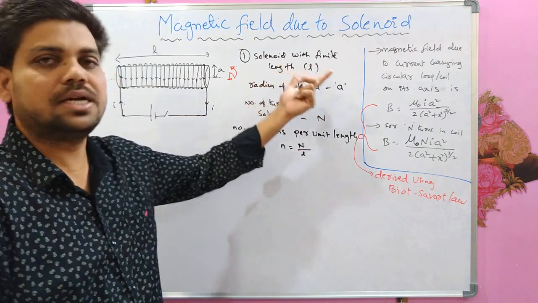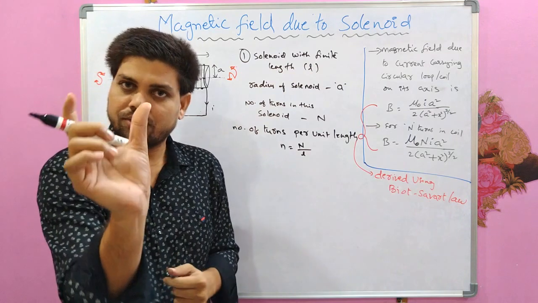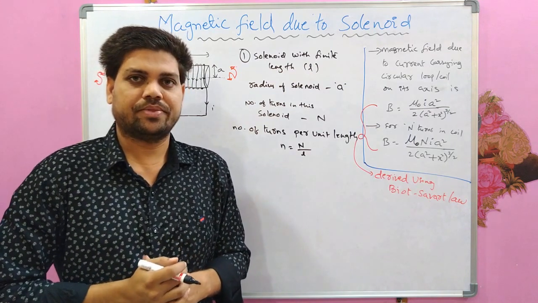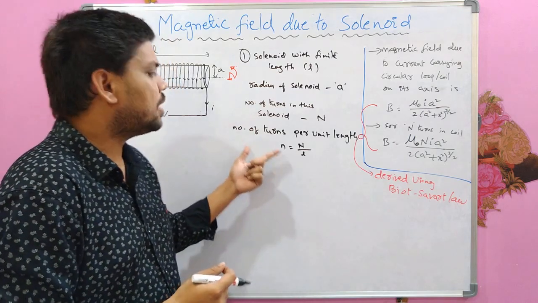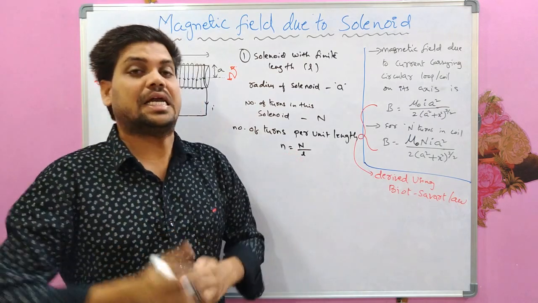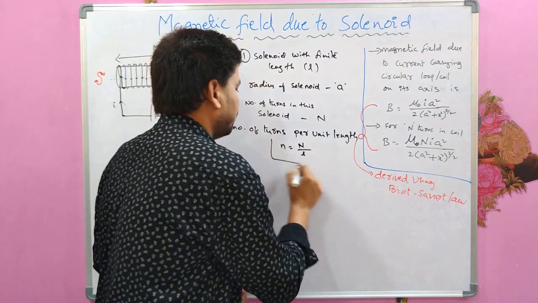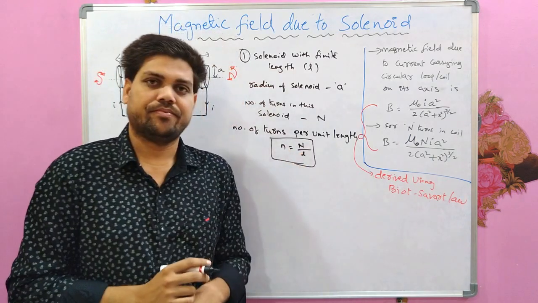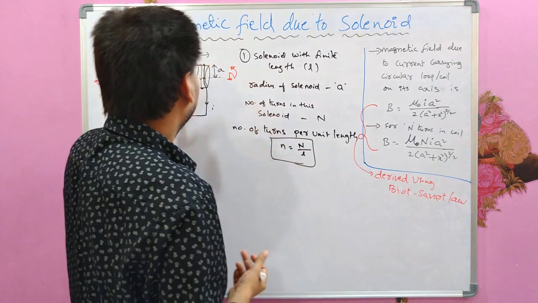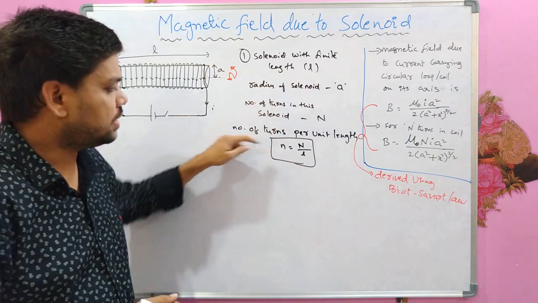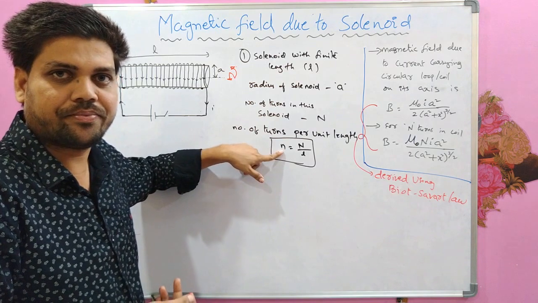I have considered a solenoid of finite length L, with N total turns, and small n represents the number of turns per unit length of that solenoid. This is very important. In one unit length, how many turns are there in this solenoid? That is what small n tells you, which has a lot of importance.